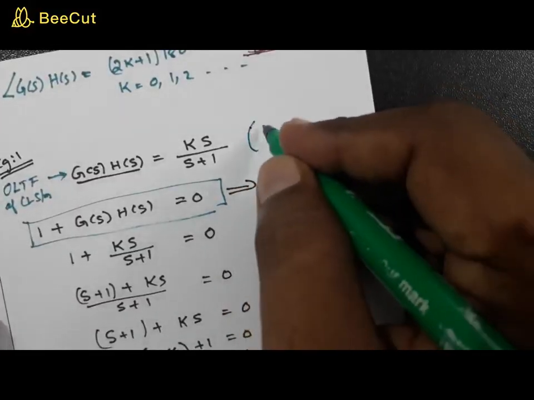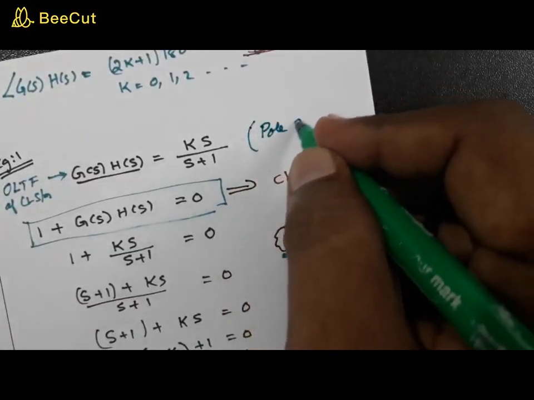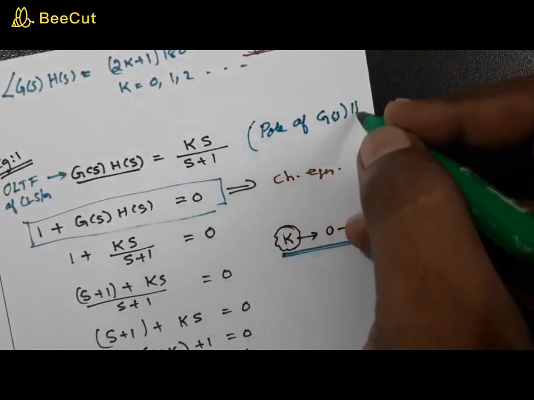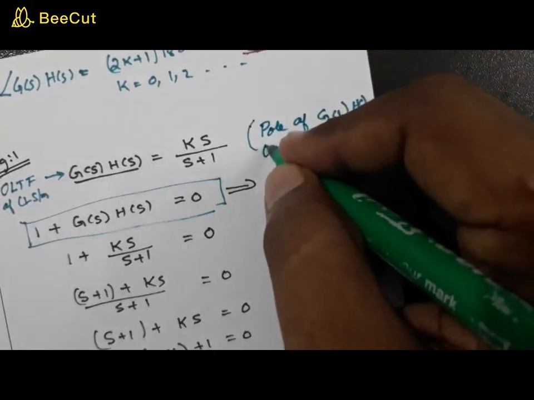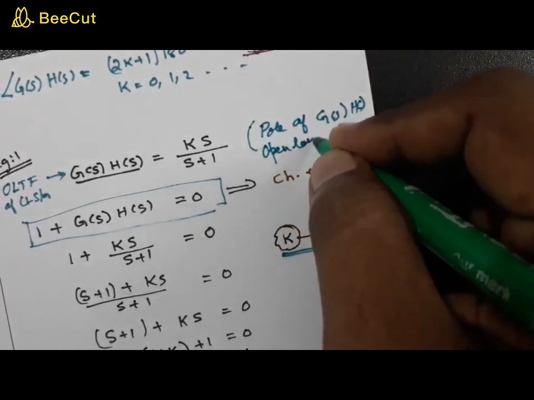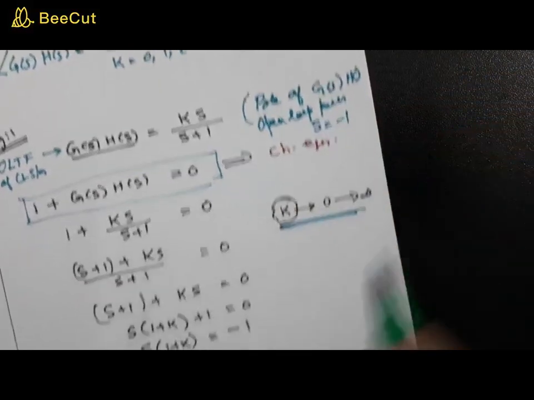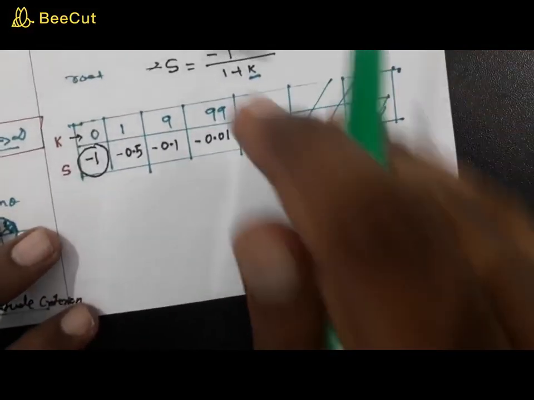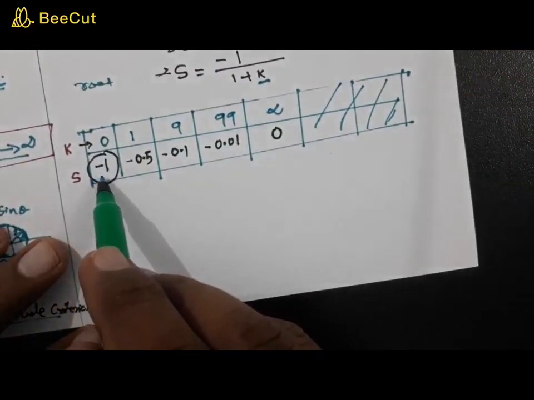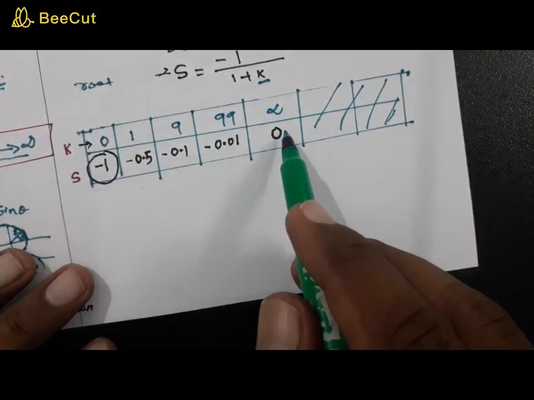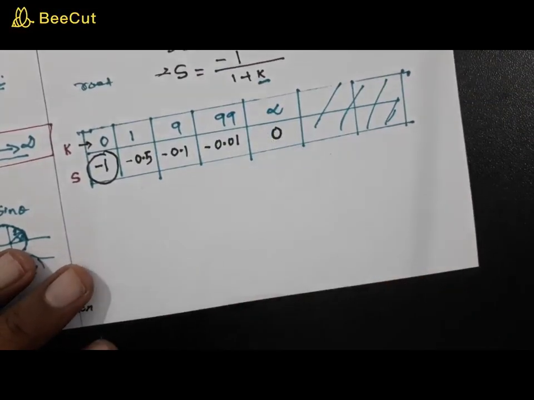This is actually the pole of G(s)H(s), or we will call this the open loop poles of a closed loop system. Now what happens to that pole location? It is moving from minus 1 to a point where s becomes equal to 0, at k equal to infinity.